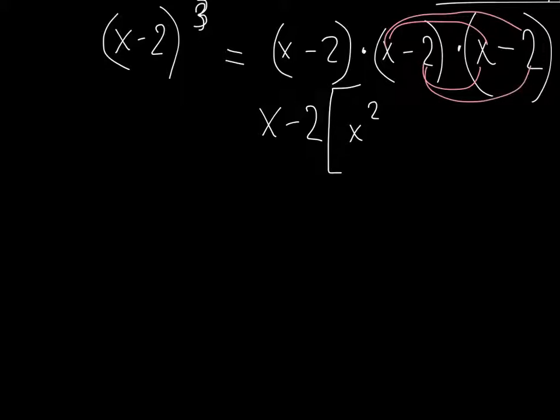That's what I'm doing right now. So let's do x squared minus 2x minus 2x, again since we have it two times, plus 4. So that is our simplified version of this.